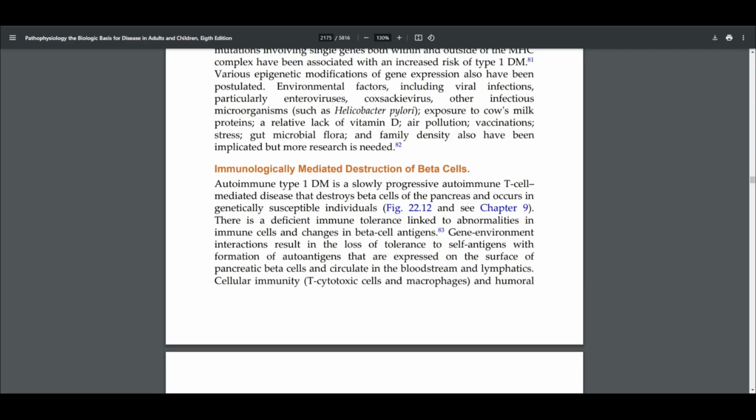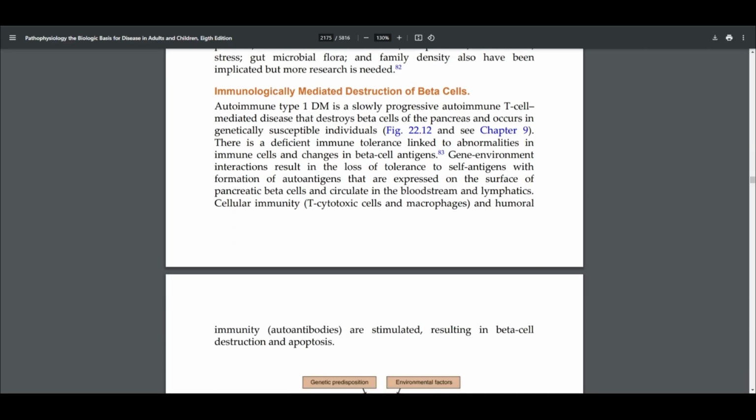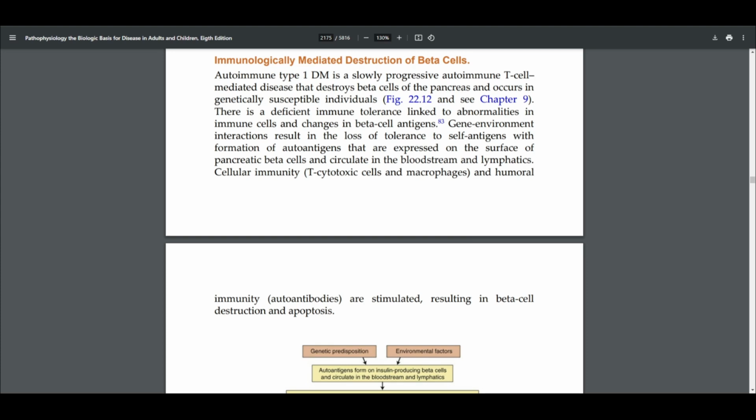So, the immunologically mediated destruction of beta cells. Autoimmune type 1 diabetes is a slowly progressive autoimmune T cell mediated disease that destroys the beta cells of the pancreas and occurs in genetically susceptible individuals. Again, see chapter 9, you'll see more about that. There is a deficient immune tolerance linked to abnormality in immune cells and changes in beta cell antigens.